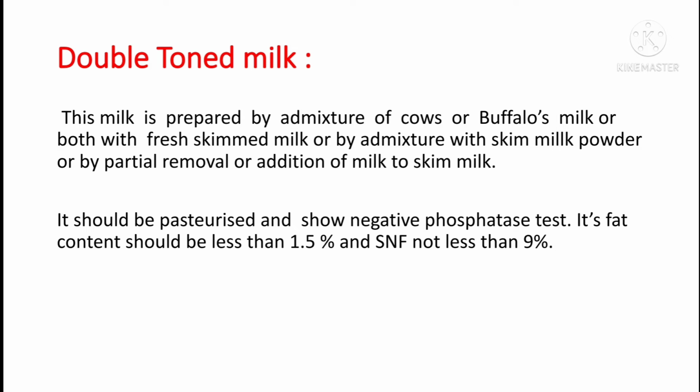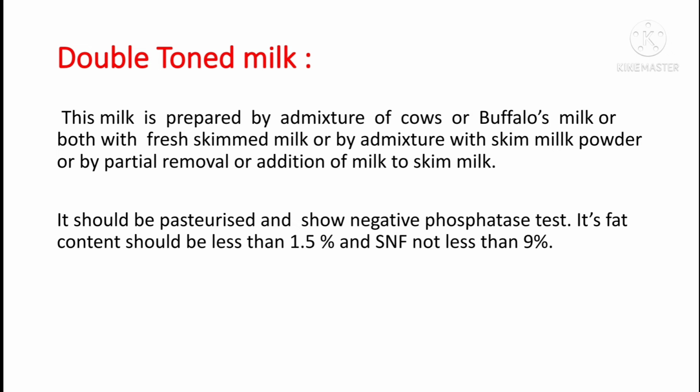So for the preparation of double toned milk, the cow or buffalo milk, or both cow and buffalo's milk, are mixed with fresh skimmed milk, or there is another process where cow or buffalo's milk is mixed with skim milk powder, or by partial removal of fat from the buffalo or cow milk, or by the addition of buffalo or cow milk to the skim milk.